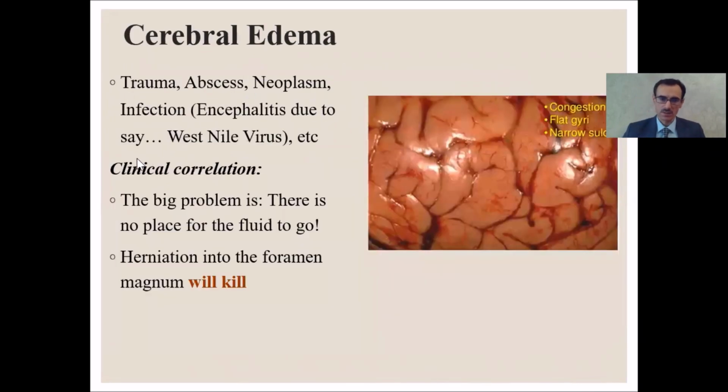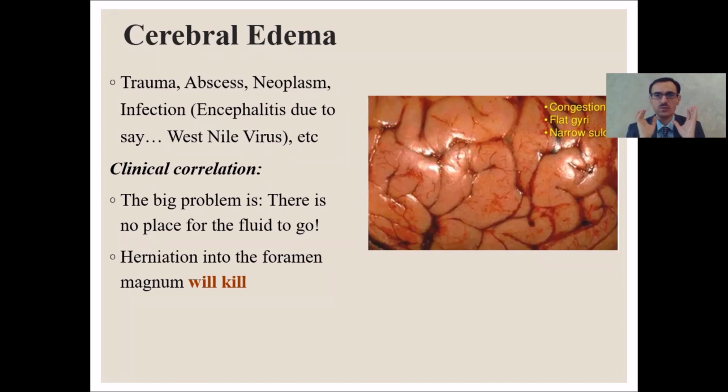Or the cerebral edema during trauma, abscess, tumors, infections maybe. And there is a big problem that during the cerebral edema, the fluid can't find places to flow. For example, when fluid accumulates in the abdominal cavity, it results in not so serious problems, not sharply, acutely.